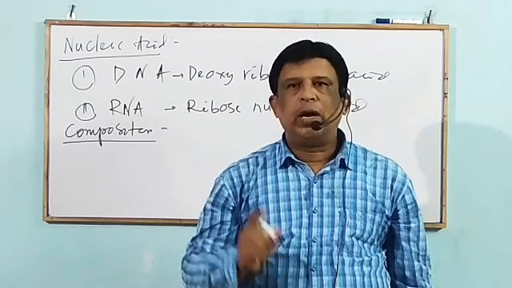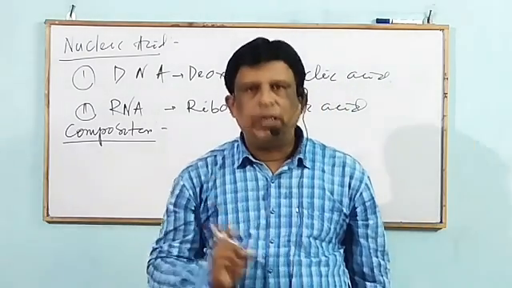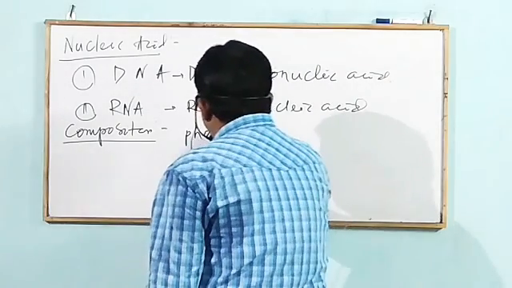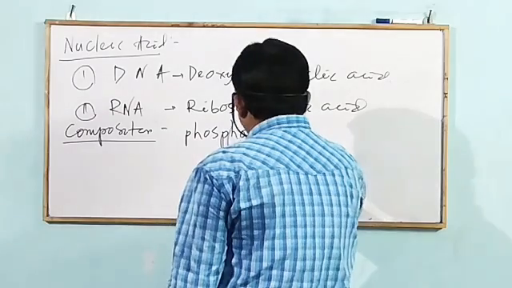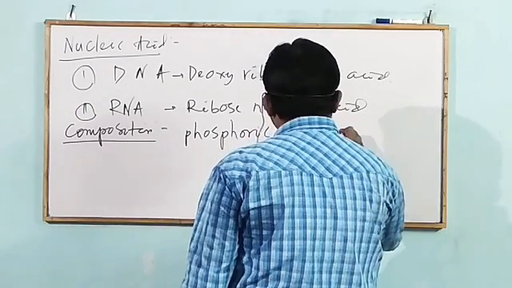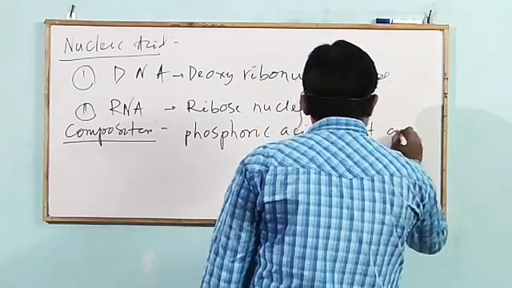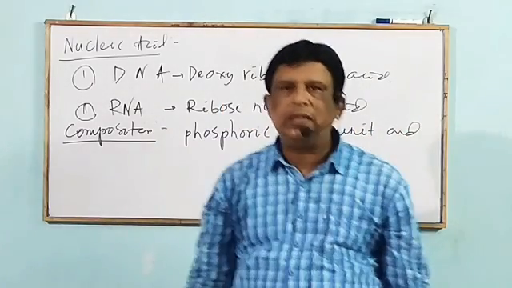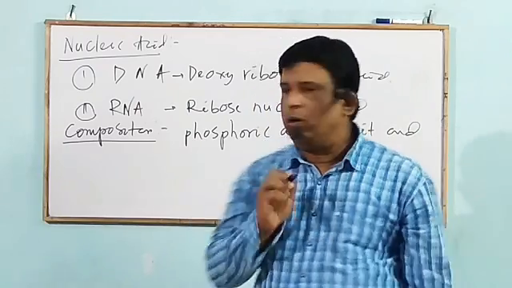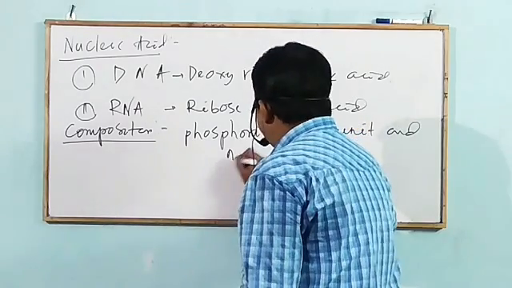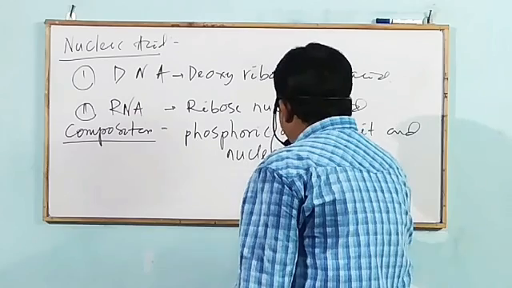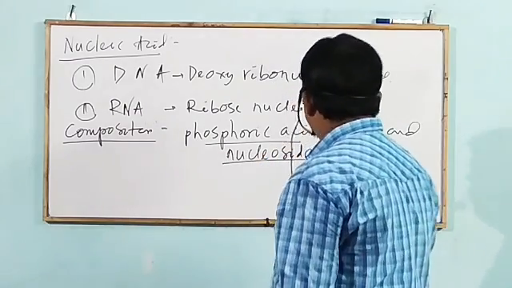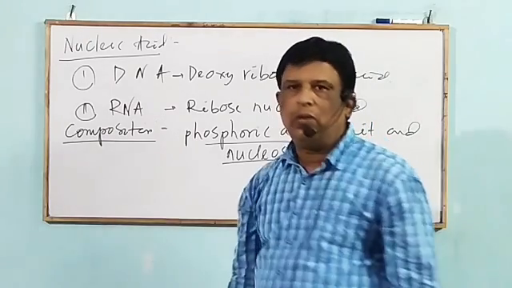Again, it is made up of a phosphoric acid unit and a nucleoside. A very important thing is that there are two components: one is a phosphoric acid unit, and one is a nucleoside.